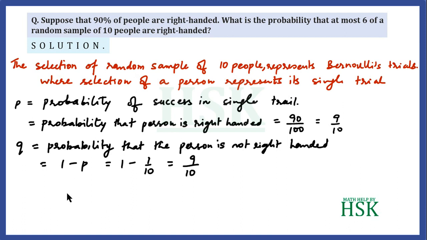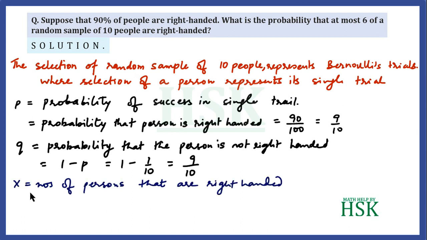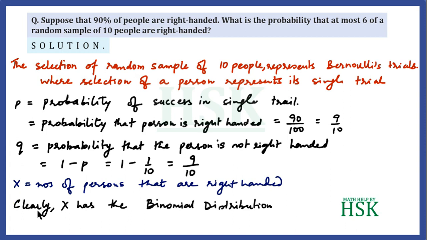Now let X represent the number of persons that are right-handed. So X is representing the number of successes, and X can take the value from 0, 1, 2, 3 up to 10. Clearly X has a binomial distribution with n and p, where n would be equal to 10 and p would be equal to 9 upon 10.